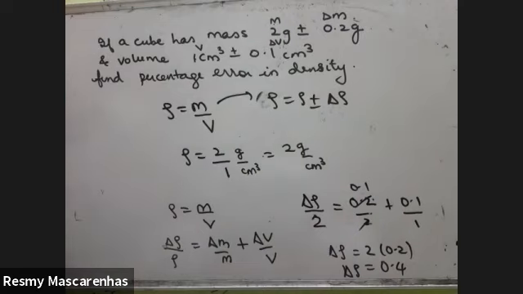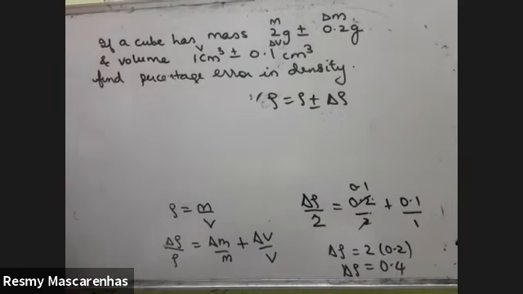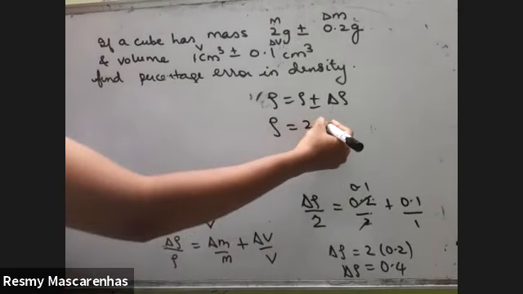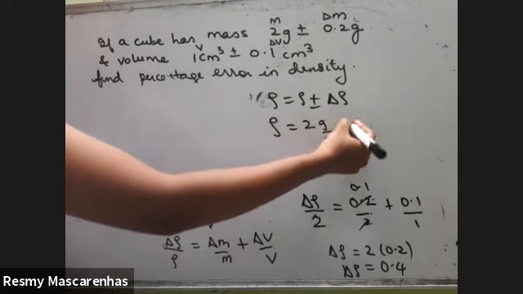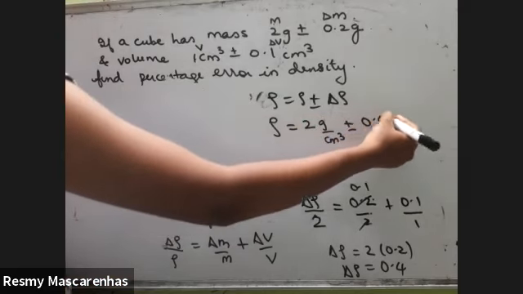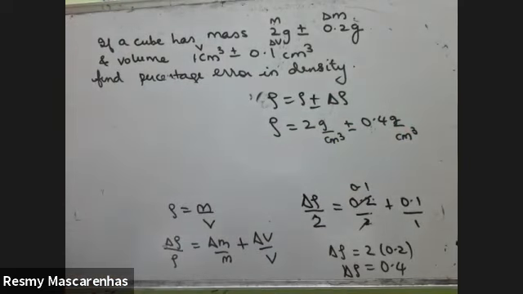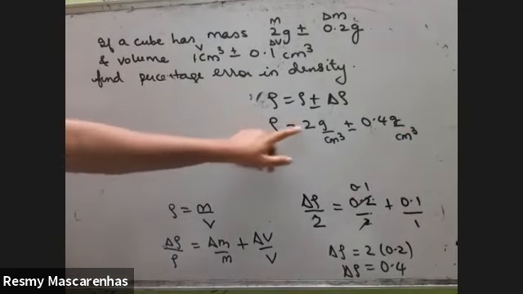So now write it in the proper form. The rho is, what is it? 2 grams per centimeter cube plus or minus 0.4 grams per centimeter cube. Even worst case, if you forget the units, at least write a normal answer and keep.